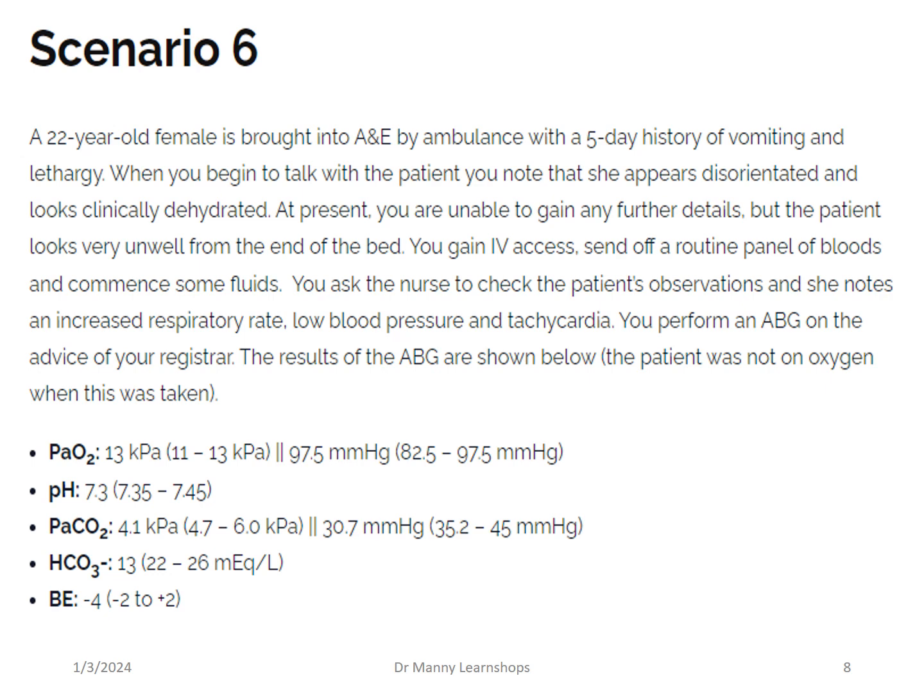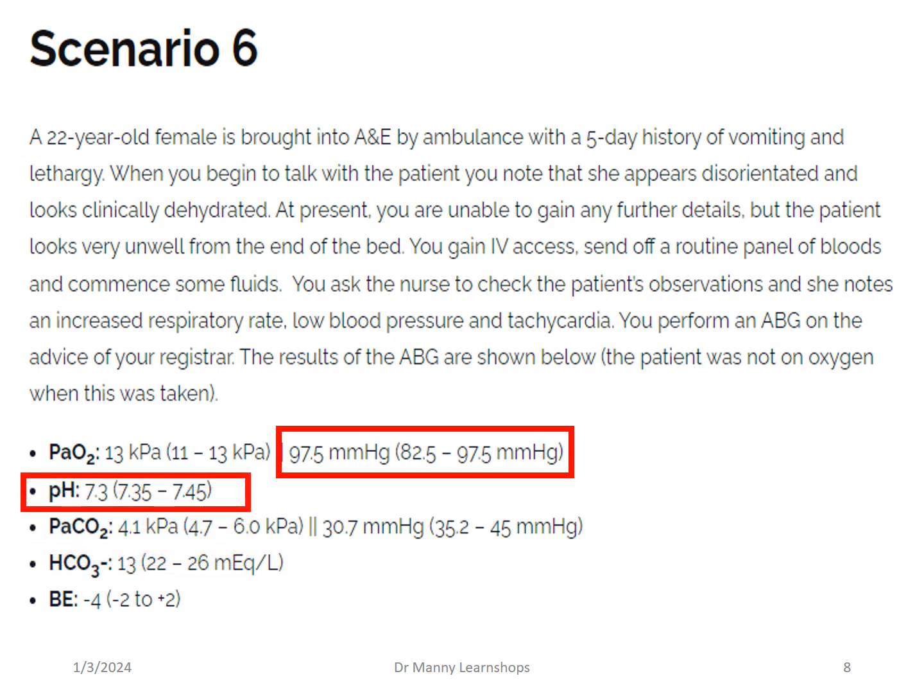So when you look at the blood gas, the PaO2 is normal. The pH is low, indicating acidosis. You look at the PaCO2 and it's low, indicating hyperventilation.